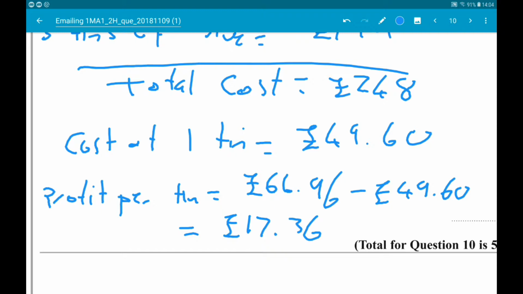Now to work out percentage profit, we do the profit divided by the cost multiplied by 100.